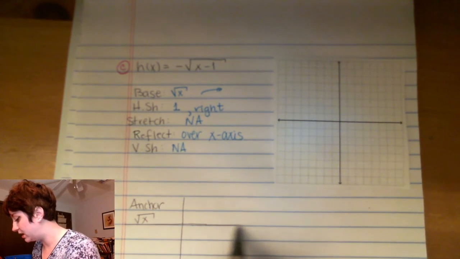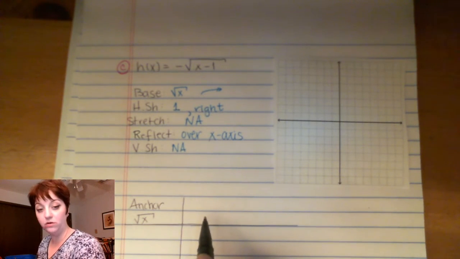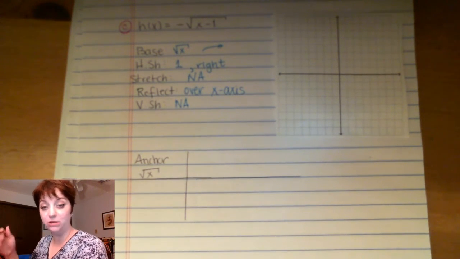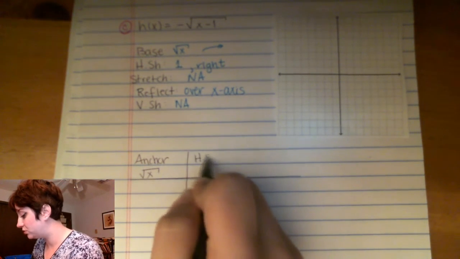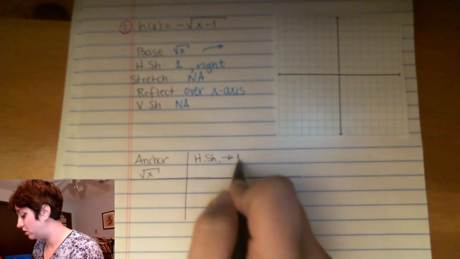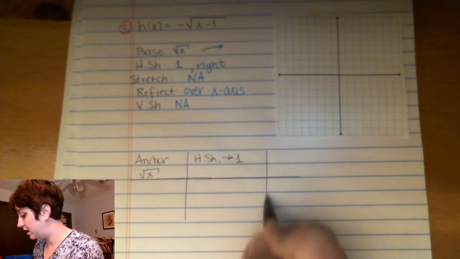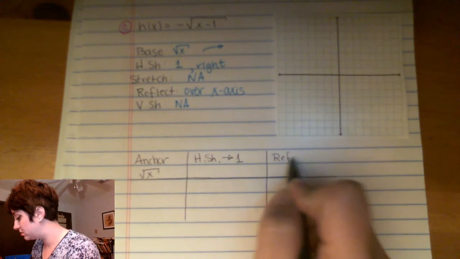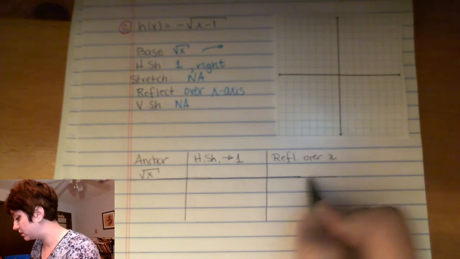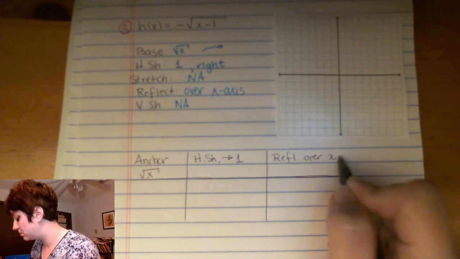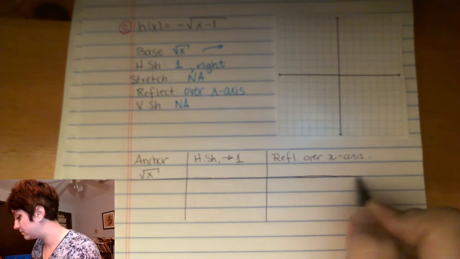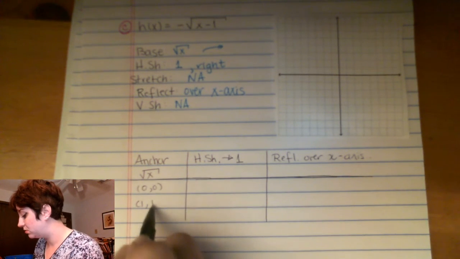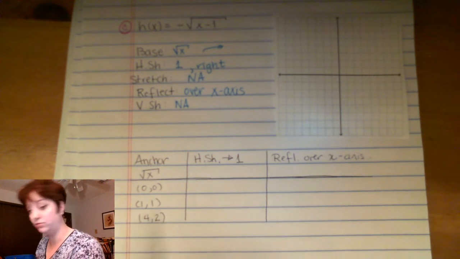I have given you guys the 3 easiest. Order of operations says that I need to do my horizontal shift and then my reflection. So I'm going to do my horizontal shift to the right 1, and then I'm going to reflect over the x-axis. Okay, so my anchor points are 0, 0, 1, 1, and 4, 2.